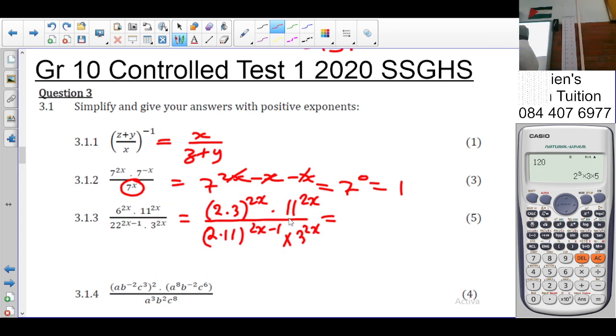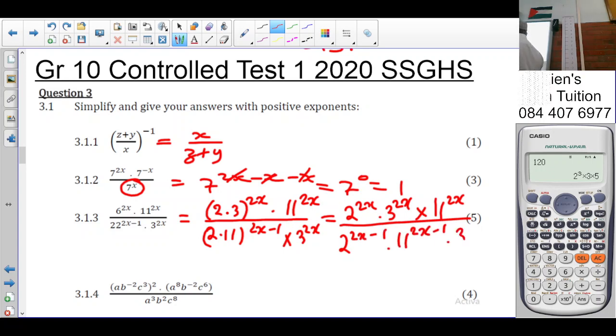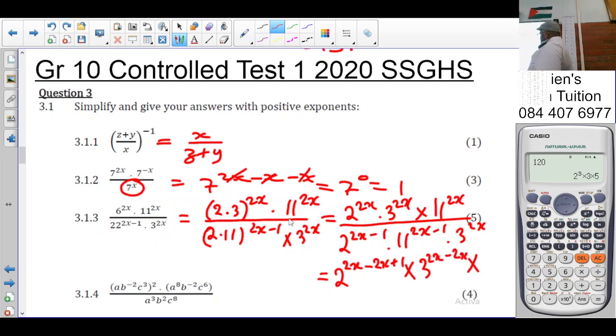Which will simply give us 2 to the 2x times 3 to the 2x times 11 to the 2x over 2 to the 2x minus 1 times 11 to the 2x minus 1 times 3 to the 2x. So that will simply give us 2 to the 2x minus 2x plus 1 times 3 to the 2x minus 2x times 11 to the 2x minus 2x plus 1.